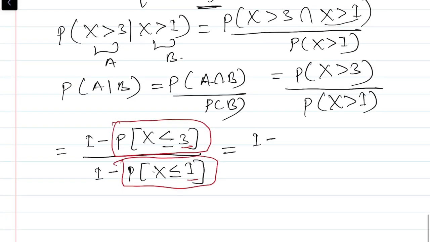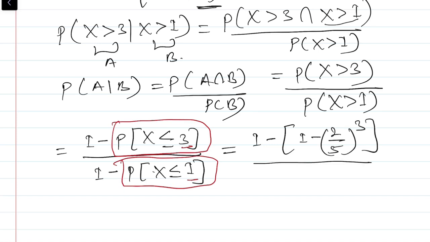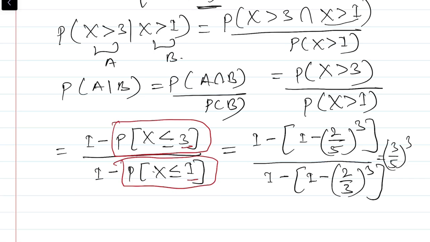So this is simply (1 minus (2 divided by 5) to the power cube) divided by (1 minus (2 by 3) to the power cube). And if you solve this, you'll get (3 divided by 5) whole cube. All right, so this is how you can solve the problem of continuous CDF.